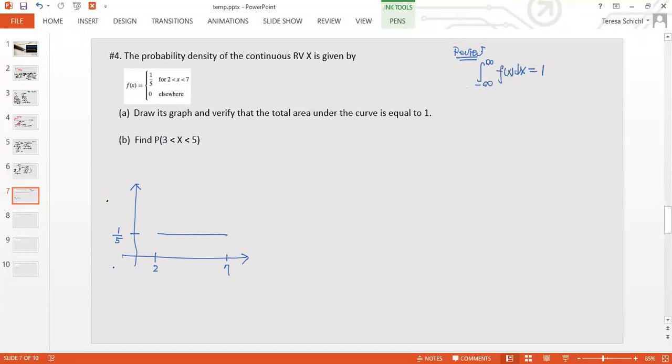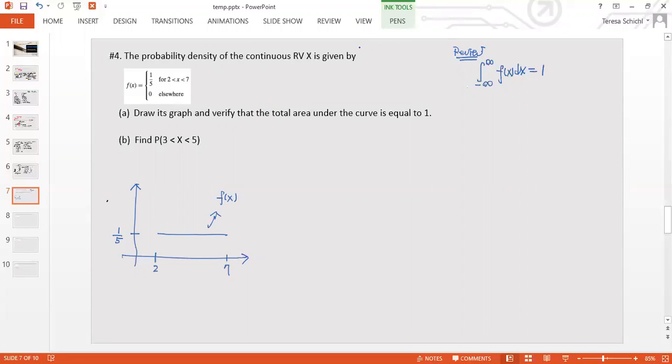So this is the PDF, this is my f of x. And when we go to later lectures, we call this a uniform distribution. We'll talk about that later, but we know this is a PDF.